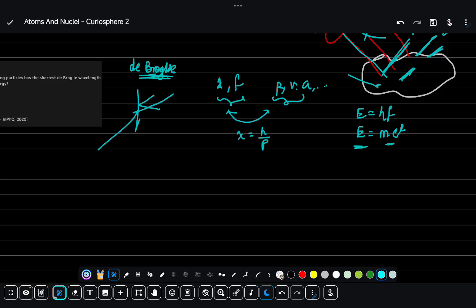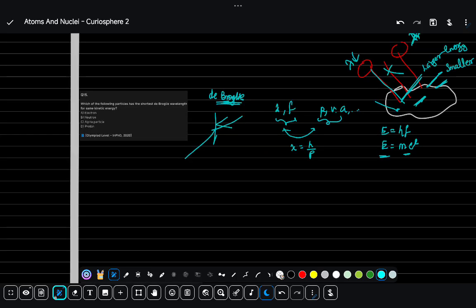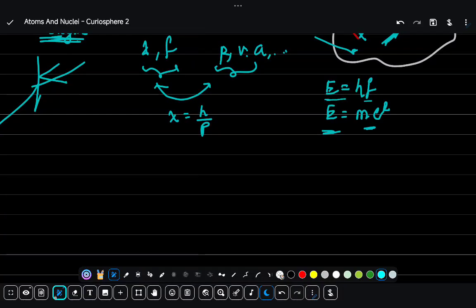Mass is a characteristic of a particle, a matter, and Planck correlated energy with the frequency. What is frequency? An attribute of a wave. So both these energies are the same. Energy is energy, as I said before. So what de Broglie did, to connect matter and a wave, was use energy as a common point.